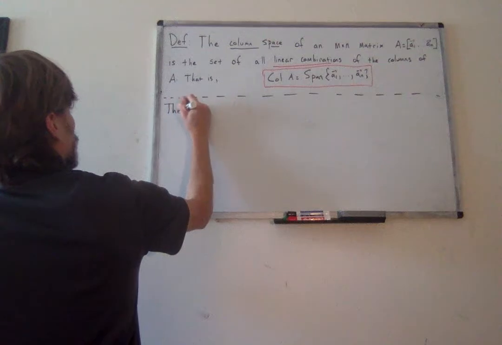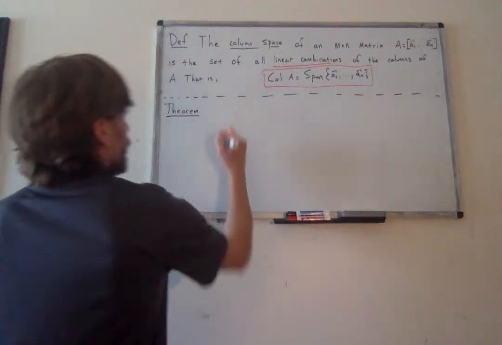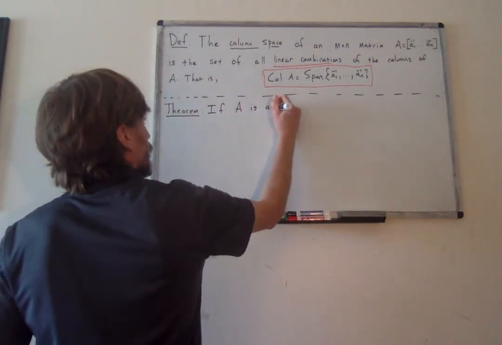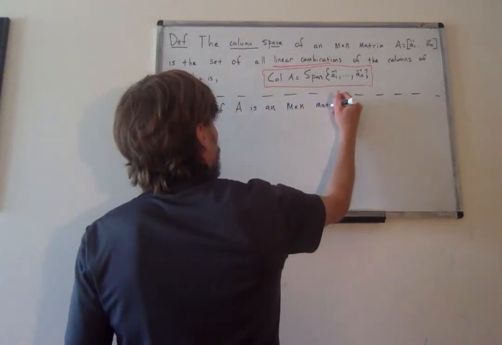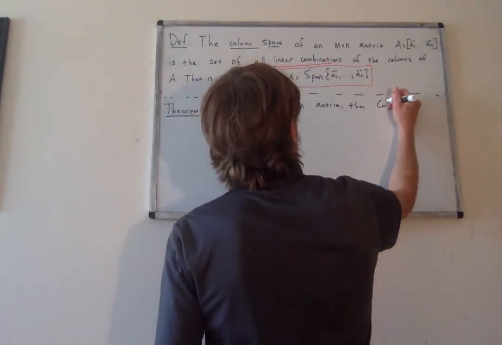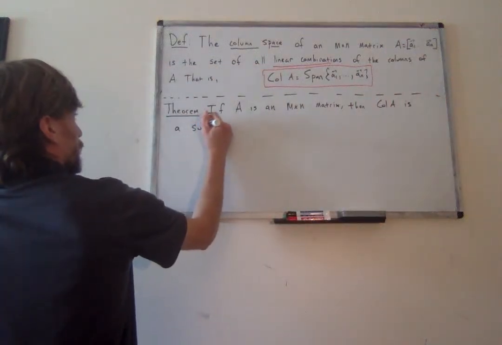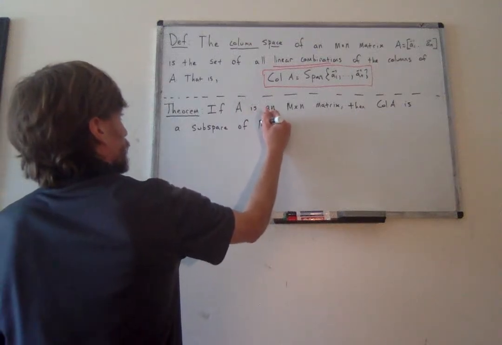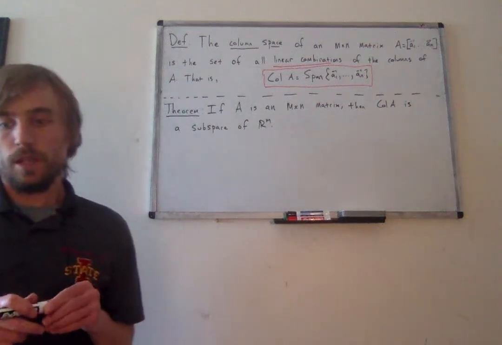And so here is one of the main theorems of this video: if A is an m by n matrix, then the column space of A is a subspace of Rm.